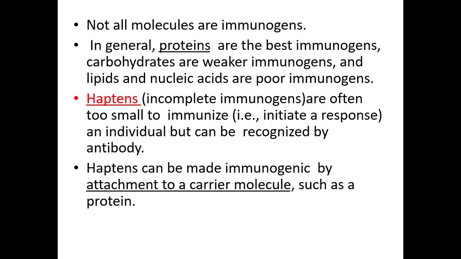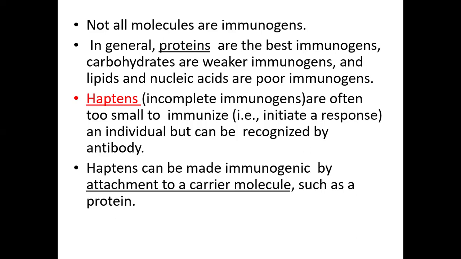Also, haptens are incomplete immunogens because they are often too small to immunize. So they have a very small molecular weight, and that's why they can't induce the adaptive immune response.